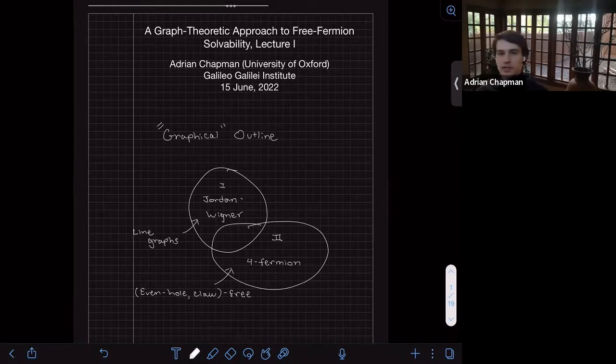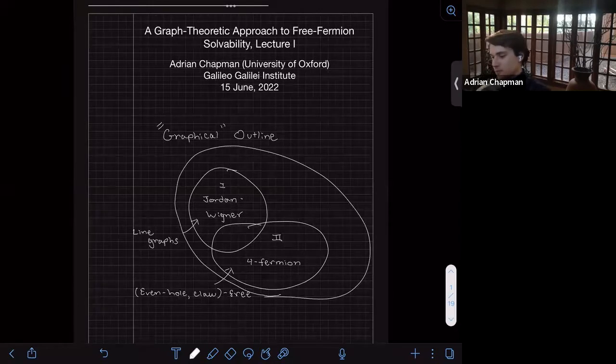It's my hope today to give a pedagogical introduction to the theory and build a theoretical framework from the foundation, and hopefully convince you by the end of these two lectures that we have a strong candidate for a class that includes both of these. That's what we're currently working on at the moment.